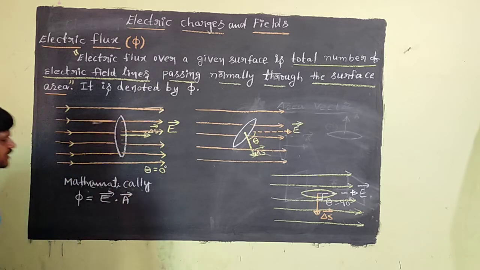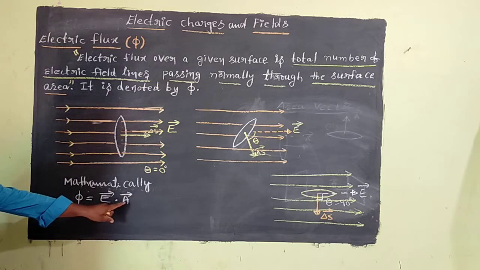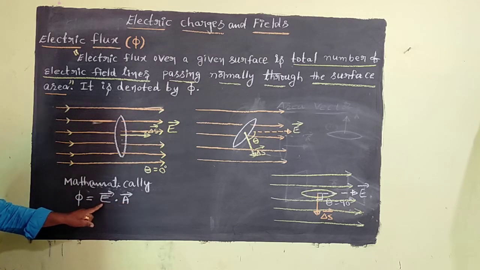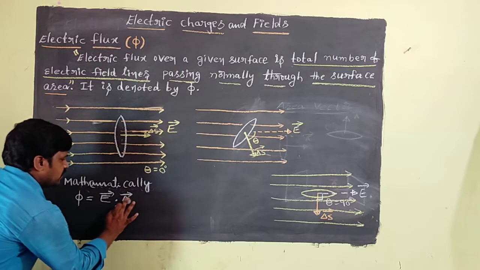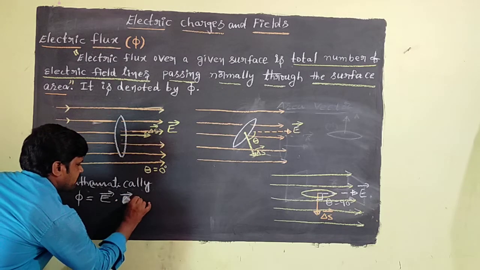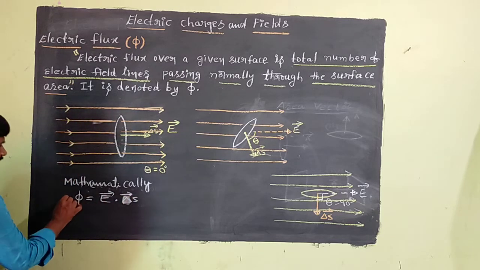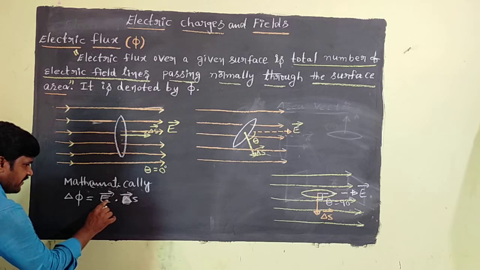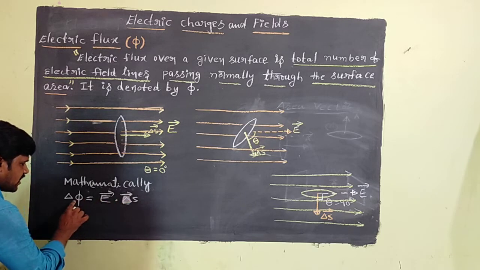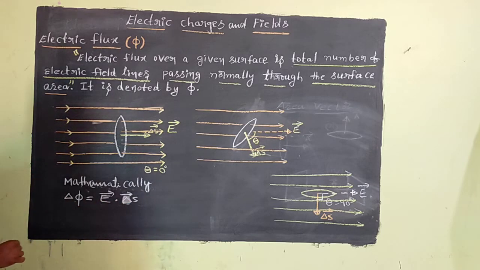A bar is the area vector, E bar is the electric field. Of course, delta S also we can take. If you want, you take delta S bar also. If it is delta S, the flux is also a small value, delta phi. The dot product of electric field and area vector gives rise to electric flux.